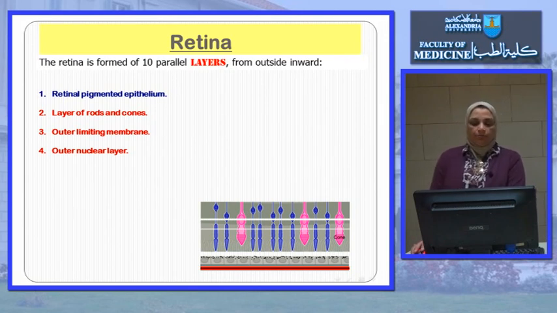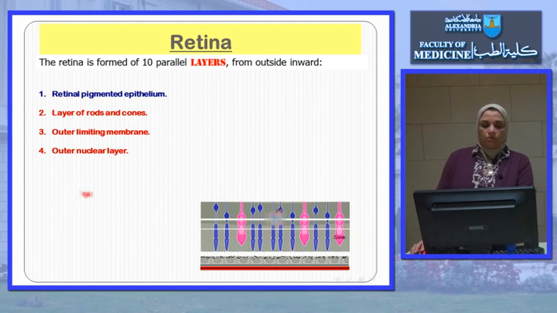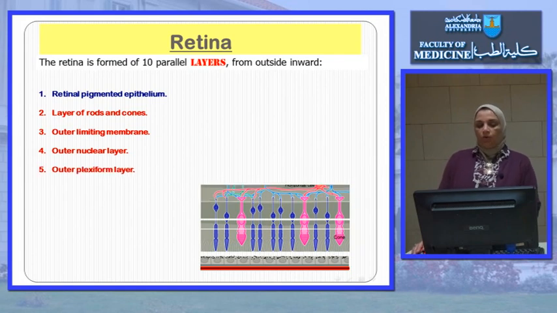Then layer number 5, the outer plexiform layer. What's a plexiform layer? Synaptic contact between fibers. As I said, the outer segment acts as a dendrite, while towards the synaptic terminal, this is the synaptic terminal of rods and cones. The synaptic terminals of rods and cones will synapse with the dendrites of the layer above, mainly bipolar cells together with the horizontal cells.